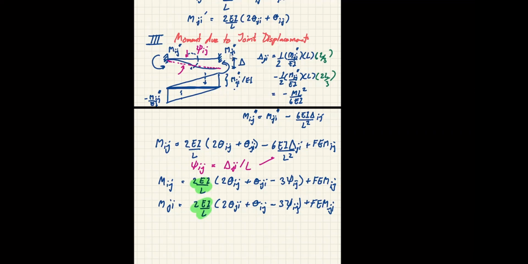It is the thing that changes rotation into moment, changes the joint displacement into moment. So that is a stiffness. And when we are talking about the indeterminate structure, that means it is always going to be involved with stiffness. All right. So that is our slope deflection equation.